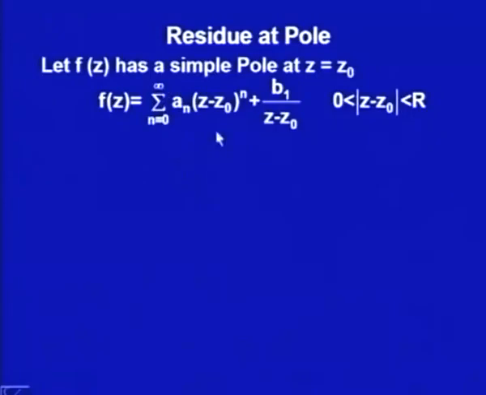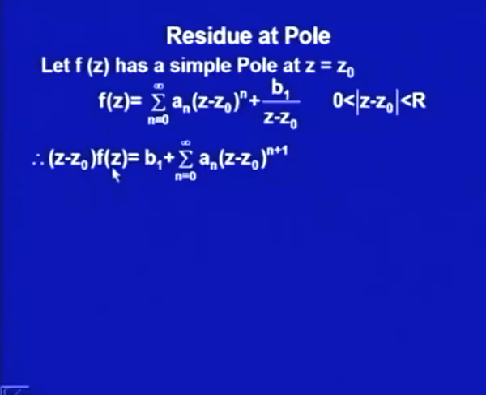Now, b1 is the residue. Let us multiply this whole thing by z minus z naught. What it says is (z minus z naught) into f(z) would be b1 plus summation n is running from 0 to infinity a n (z minus z naught) to the power n plus 1.